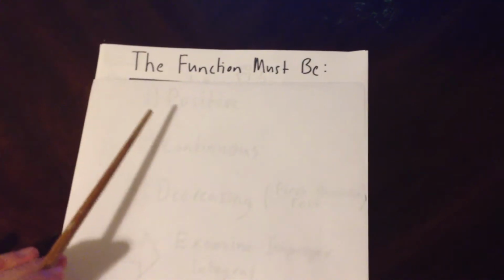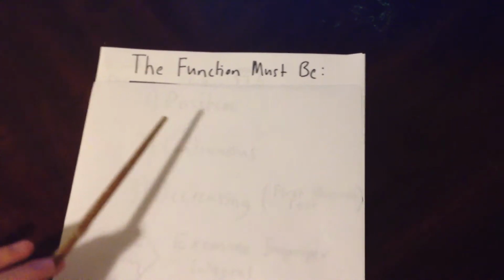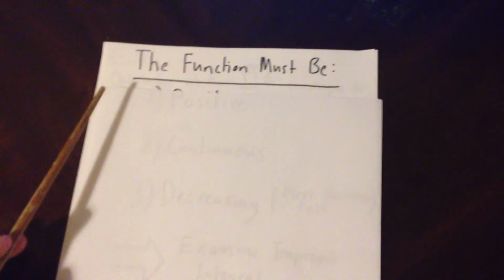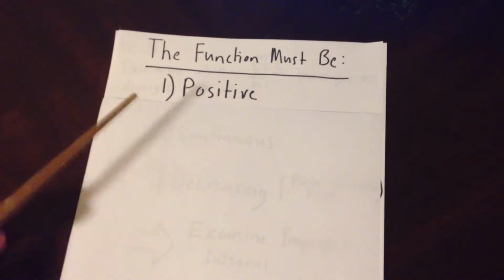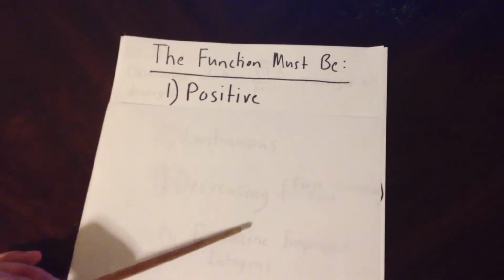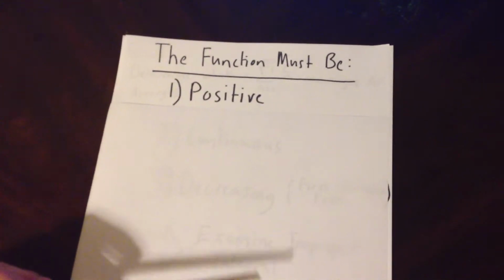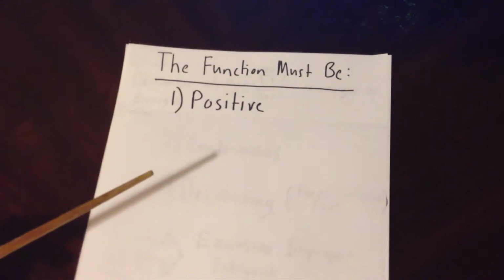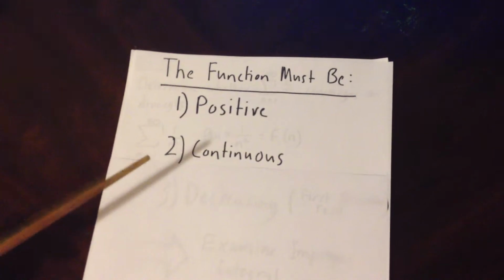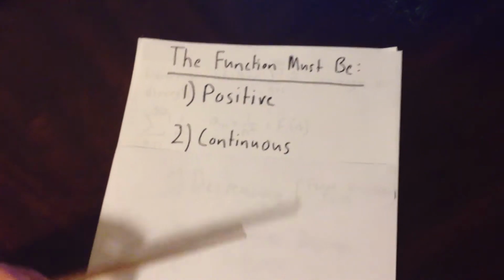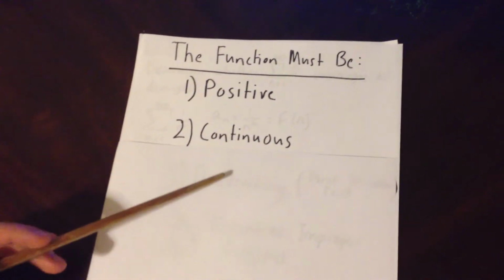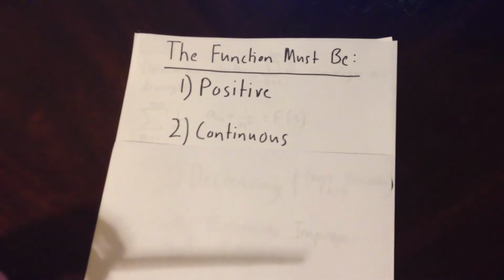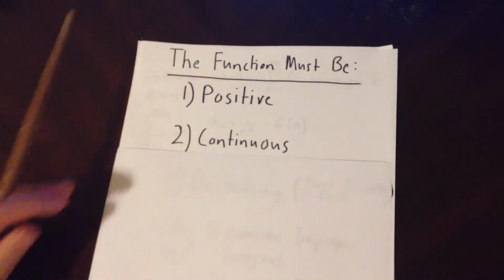The integral test can only be used if the function meets three conditions. First, the function must be positive within the given interval, and that's essentially if you were to graph the function, all of the y values are above the x-axis. The second is that the function is continuous throughout the given interval as well, and this essentially states that there can't be any vertical asymptotes or any types of discontinuity.